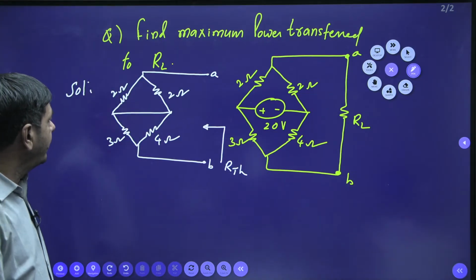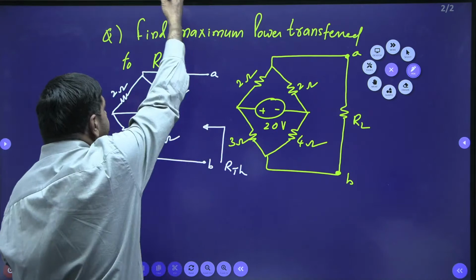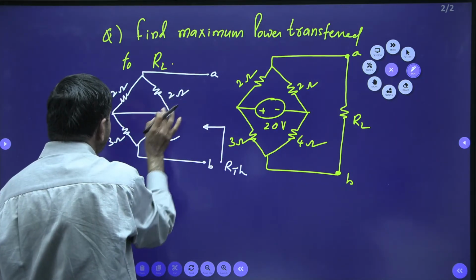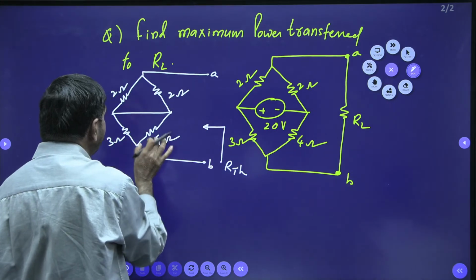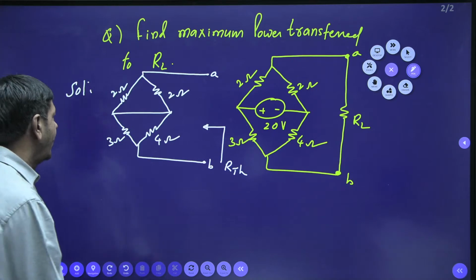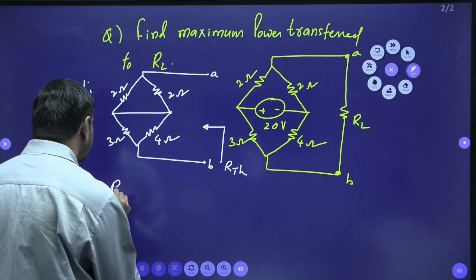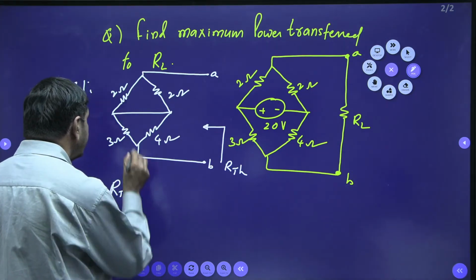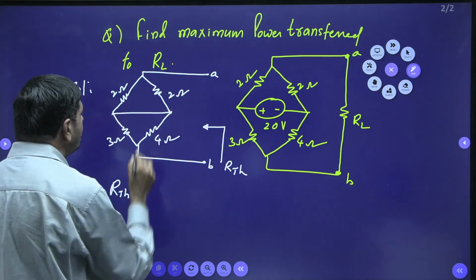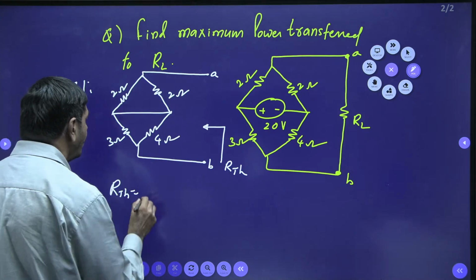How can I find the RTH? Whenever you look from A and B, 2 ohms and 2 ohms are in parallel, 3 and 4 are in parallel. Finally, those two will come in series, no doubt. RTH is nothing but these two in parallel: 2 ohm parallel 2 ohm gives 1 ohm only.